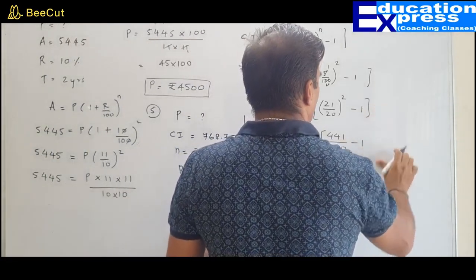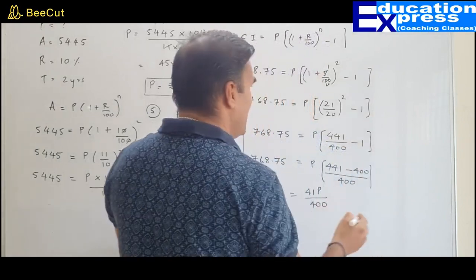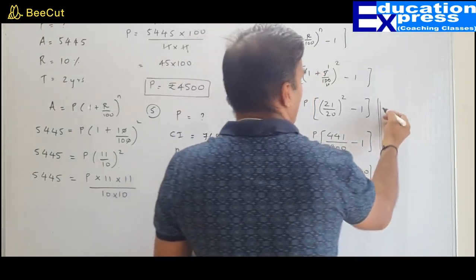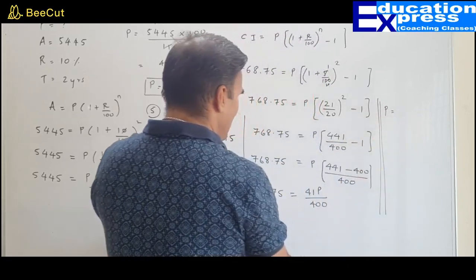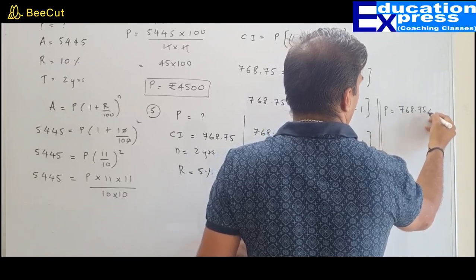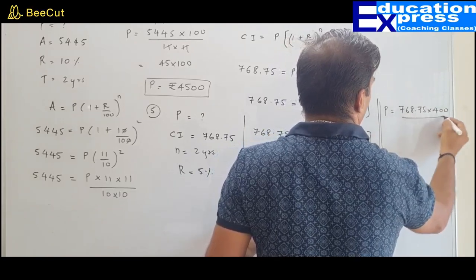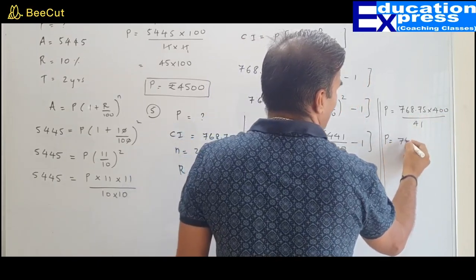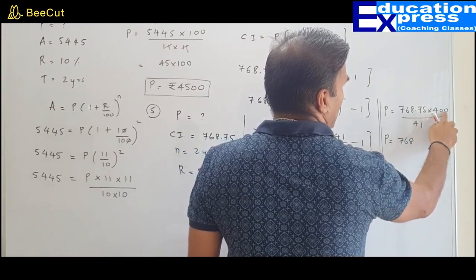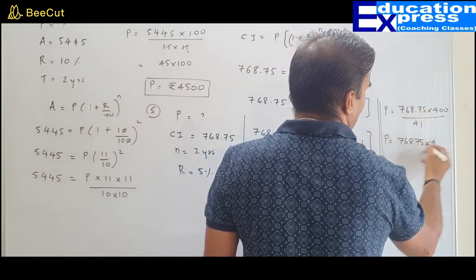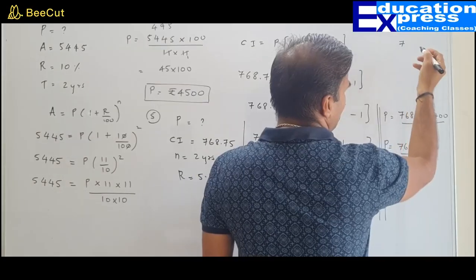Just to accommodate the sum, I am adjusting a bit. So my answer would be P equals 768.75 multiplied by 400 upon 41. I am multiplying these two zeros on this side, so my decimal will vanish. So P would be 76875 upon 41.